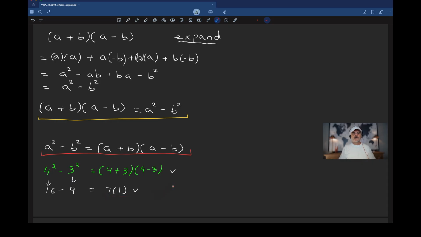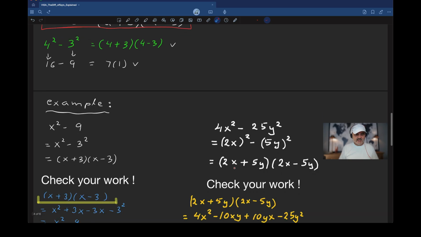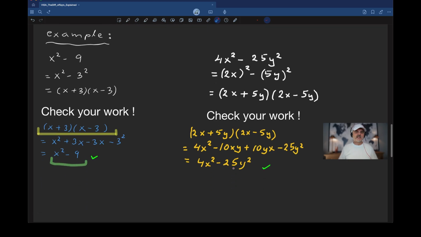Bingo. Okay, let's start with one example which is simple: x squared minus 9. How is this a difference of squares? Because you have x squared, and by using rules of exponents, or if you recognize that 9 is a perfect square number, you can express it differently as 3 squared.